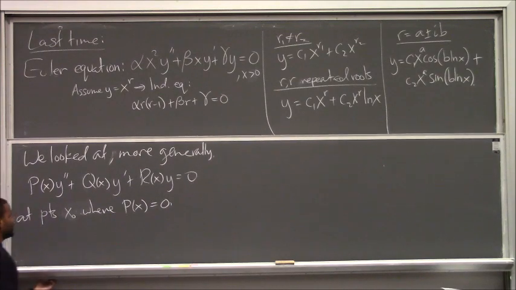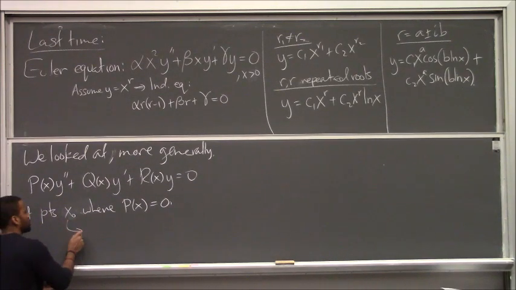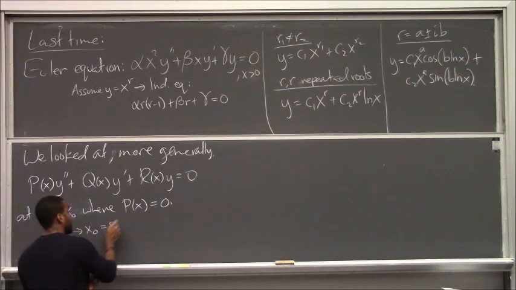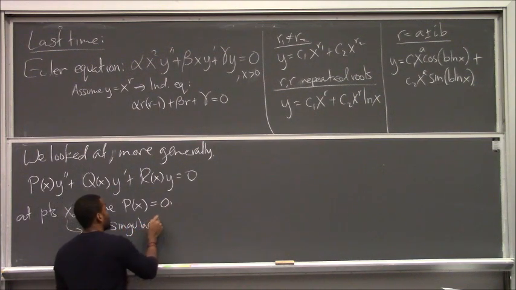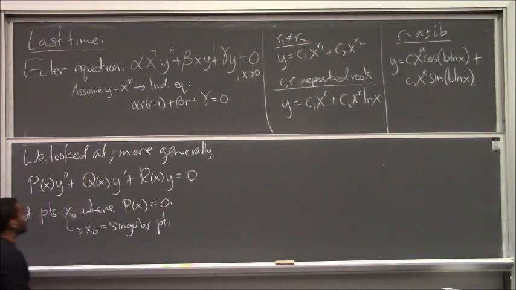Such points were called not necessarily regular. So x naught is called a singular point here. And pretty much we divide it through by P, we multiply it through by x squared, and we shift things around so that we can get these guys to look kind of like the quadratic form that was above there.